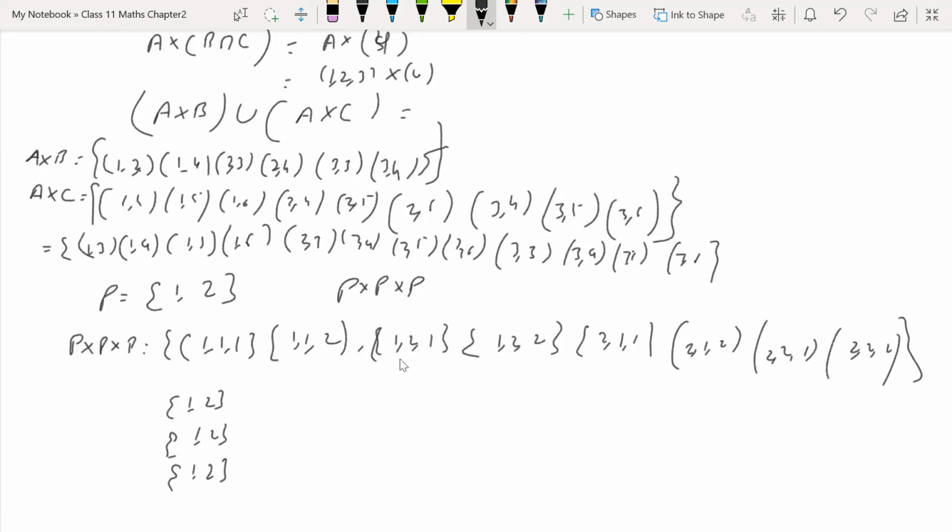Then there would be 8 ordered triples. You can multiply with each and every element: (1, 1, 1), (1, 1, 2), (1, 2, 1), (1, 2, 2), and so on. This is all about the triplets.